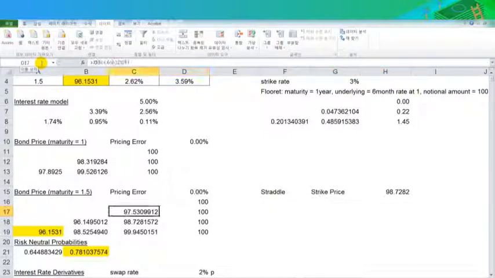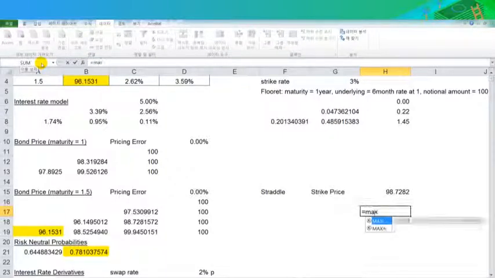So let's calculate it. So this straddle is max. First, we have to consider call option. So max of this one minus straddle K and 0.